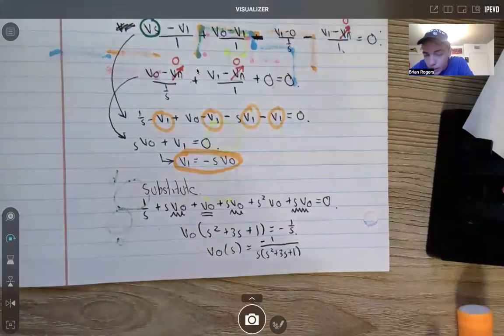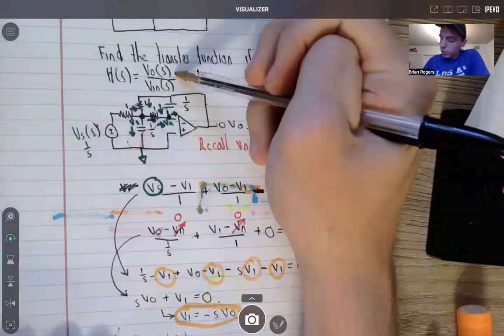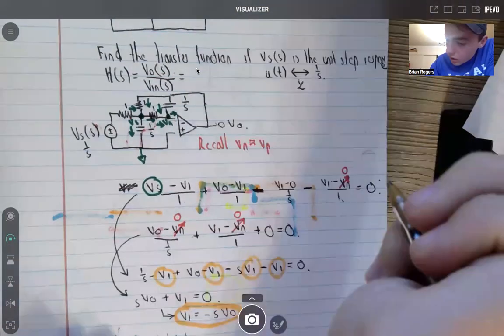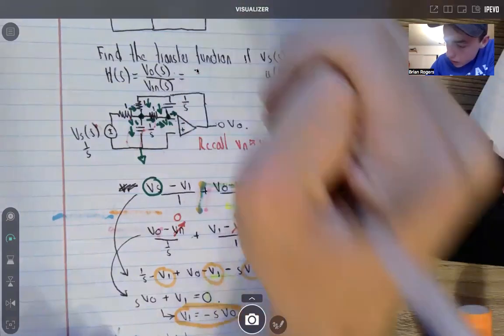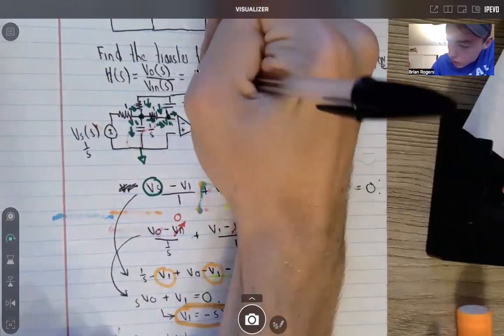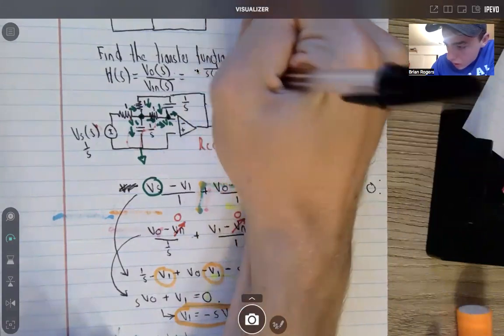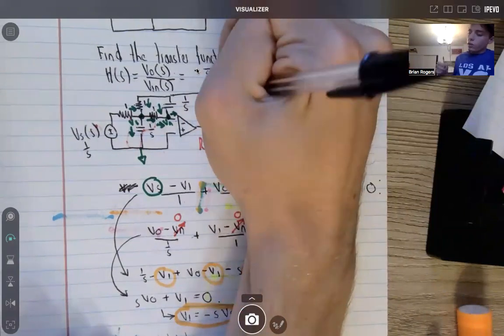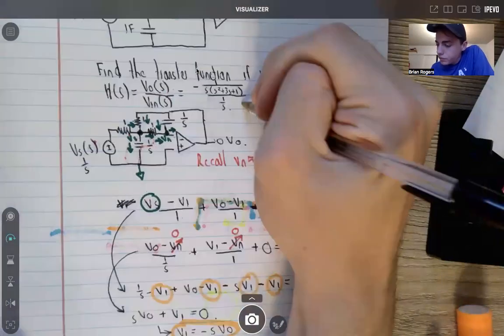Now that I got my V out of S, I can plug that back into our transfer function finally. So I'm going to plug that in up here. So I have negative 1 over S times S squared plus 3S plus 1, then all over 1 over S. And so now I'm going to write this over here.